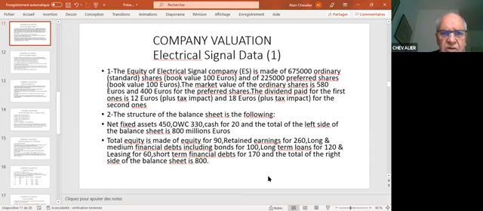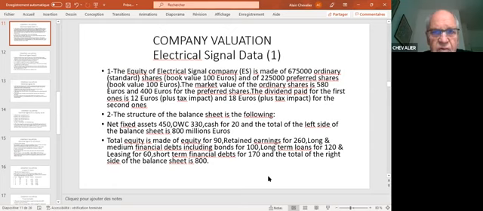The equity of the electrical signal company is made of 675,000 ordinary, what we also call standard shares, with a book value of 100 euros, and 225,000 preferred shares. It's about 1 to 3. Book value also 100 euros.